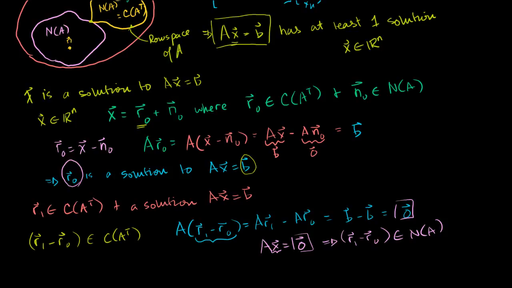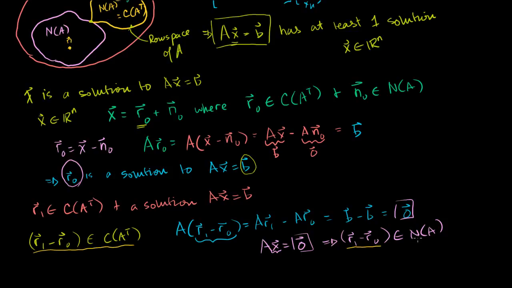So I have a vector here that's a member of my row space. And we got that from the fact that both of these are members of our row space, and the row space is closed under addition and subtraction. And the vector r1 minus r0 is a member of my null space.